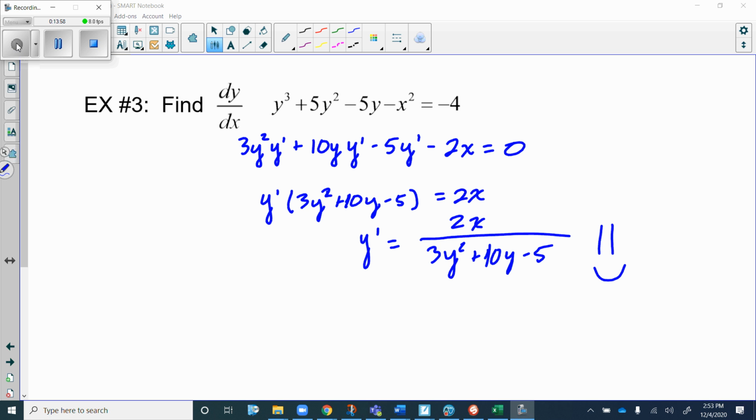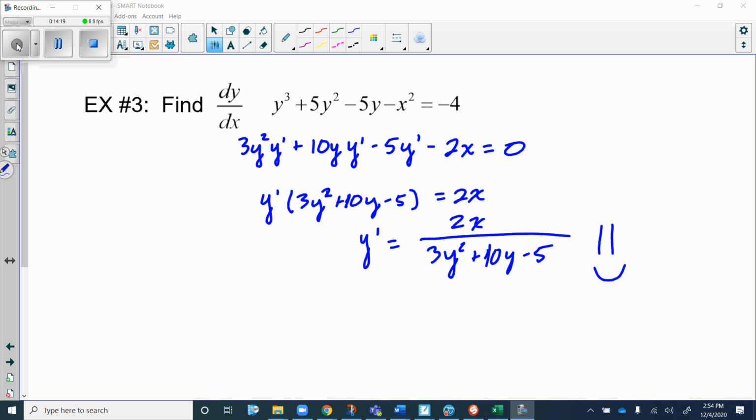Okay, how did you do? I got y prime to be 2x divided by 3y squared plus 10y minus 5. We have to use the chain rule on all of the y terms, but it really is obvious when the exponent is greater than 1.